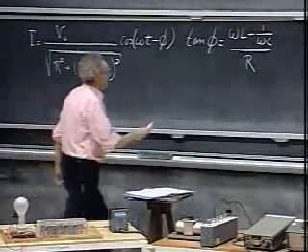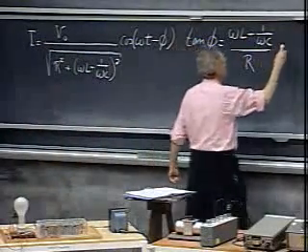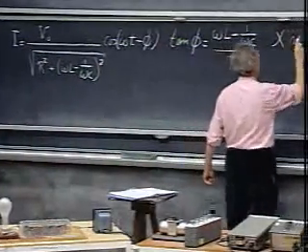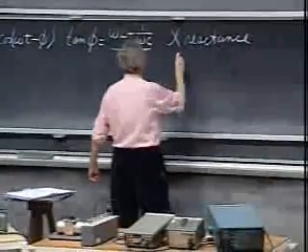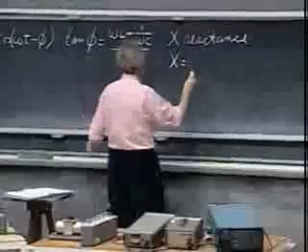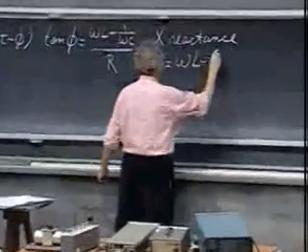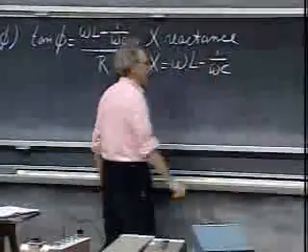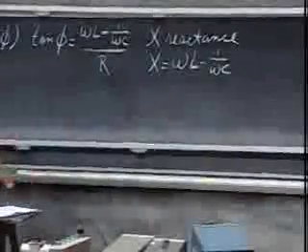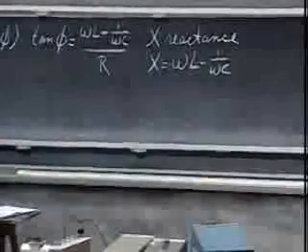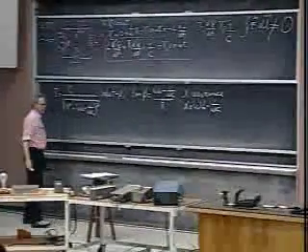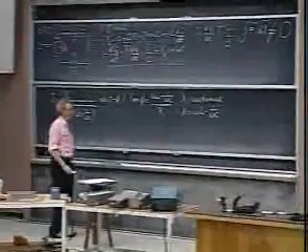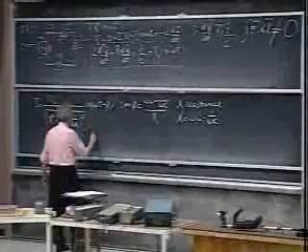We give this upstairs here a name. We call that the reactance, X, or sometimes it's called Xi, which is omega L minus 1 over omega C. And the units are also ohms. We call the entire square root that you see here capital Z, which is called the impedance.